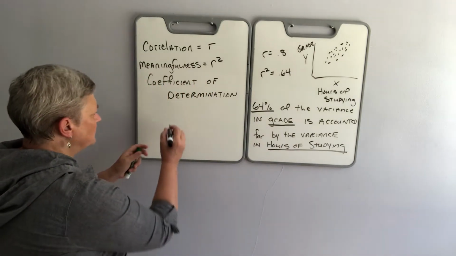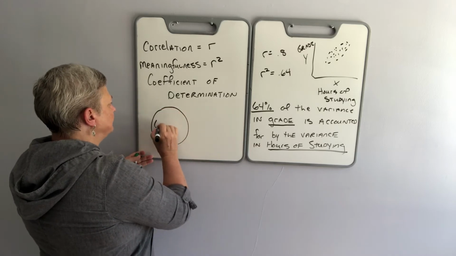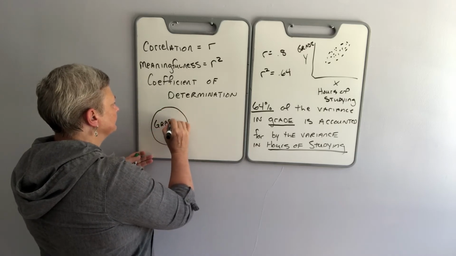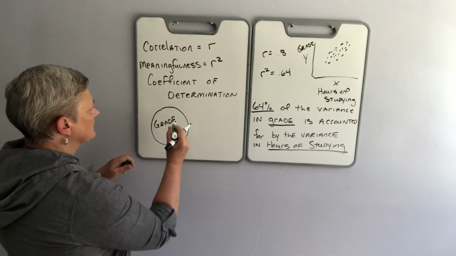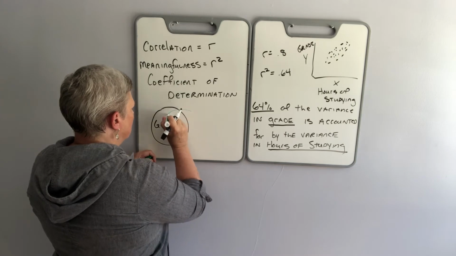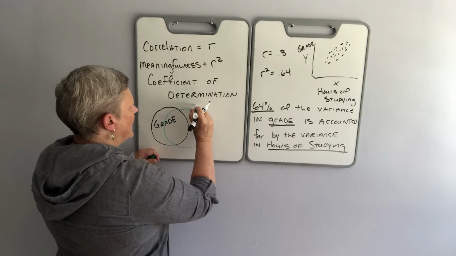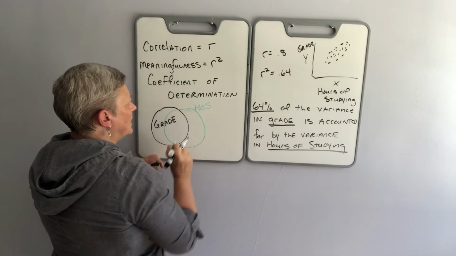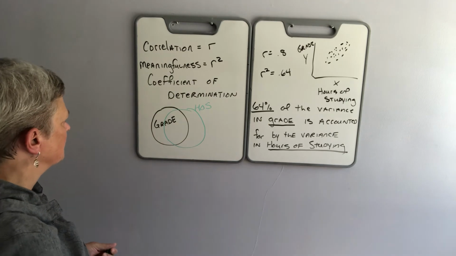Here's a good way to think of that. If this is your grade, and the green, hopefully it shows up, is our hours of study, we'll just call it HOS.